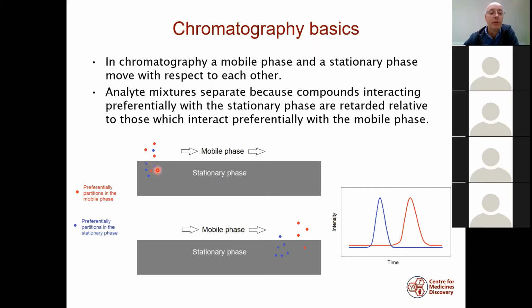Some components will preferentially partition into the stationary phase, and others will preferentially partition into the mobile phase, as I've shown here. As the mobile phase moves across the stationary phase, this differential partitioning results in peak separation.